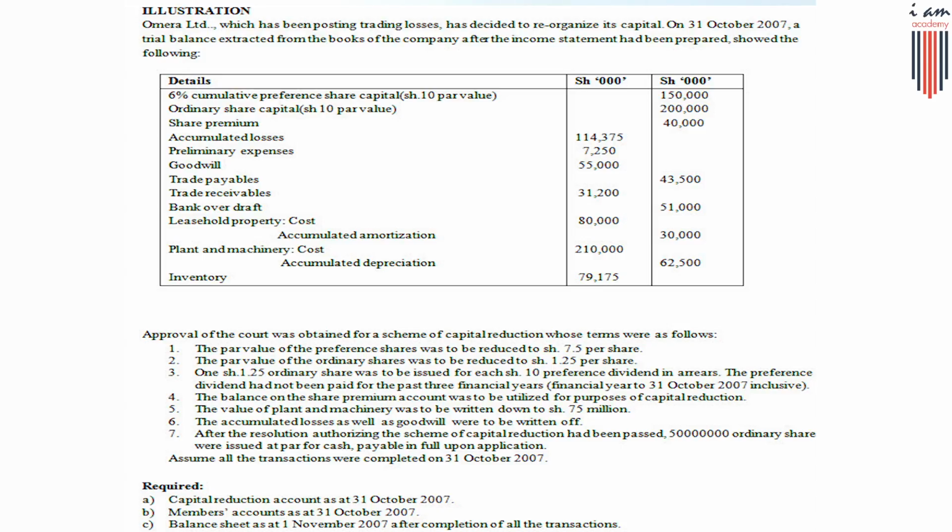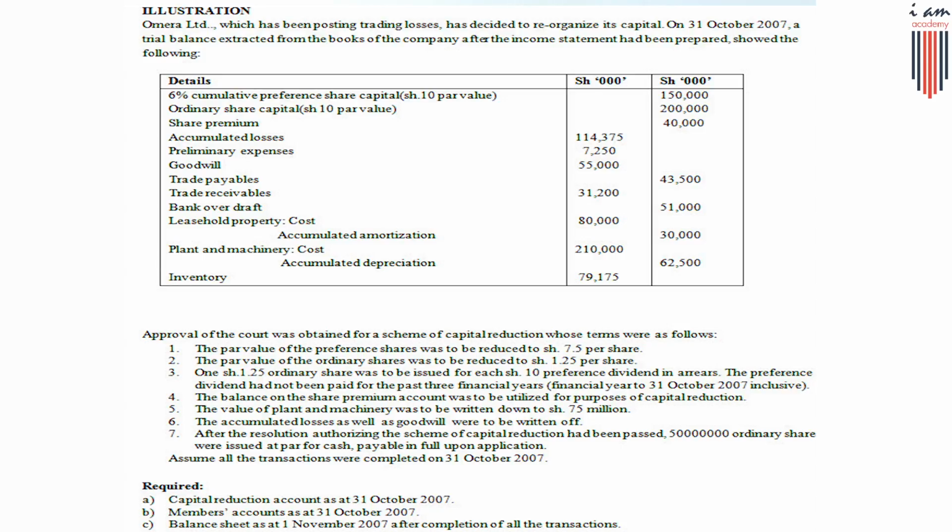Or if you revalue an asset and you have an increase in fair value, then that increase in valuation will be recognized on the credit side of the capital reduction. Now, don't forget, friends, the balancing figure in this capital reduction account, if any, will be recognized as a capital reserve.